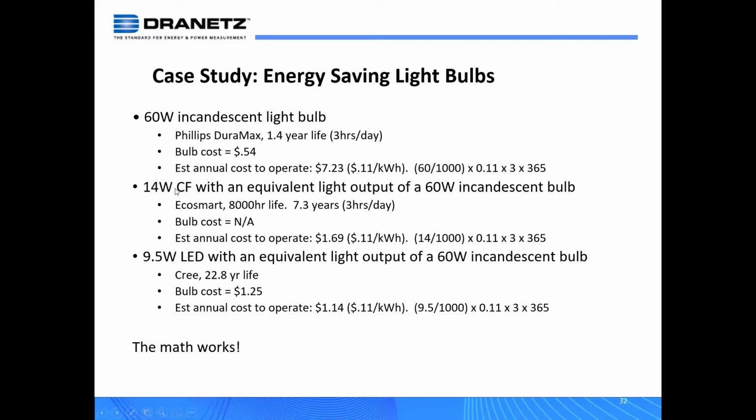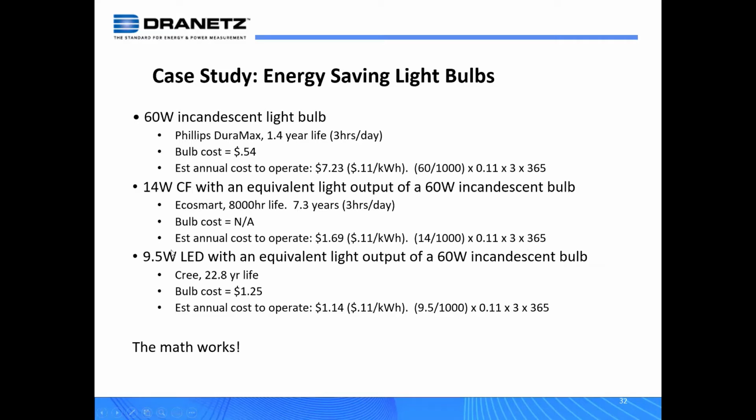Okay, that 14-watt compact fluorescent bulb. The cost is NA right now because they're almost not viable anymore. But to give you an idea, reducing from 60 watts to 14 watts, we're down to $1.69, taking 11 cents a kilowatt hour times three hours a day and 365 days a year.